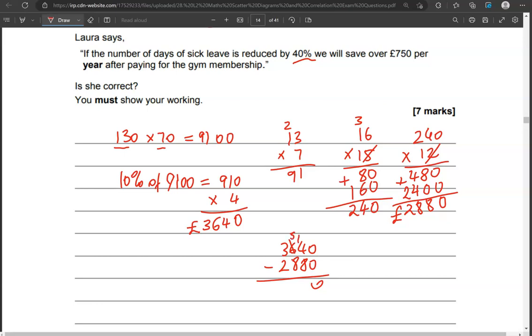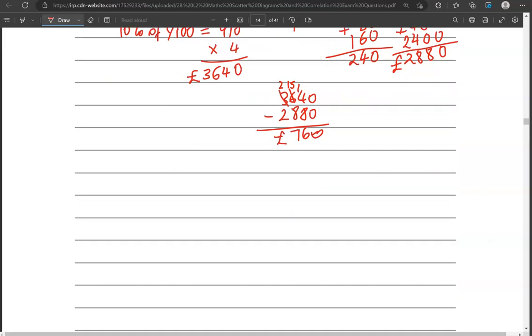So 14 take away 8 gives us 6. 5 take away 8 means we've got to borrow 1 from 3. So 15 take away 8 gives us 7. 2 take away 2 is 0. So £760 saved. That is over 750. So is she correct? We're going to say yes.